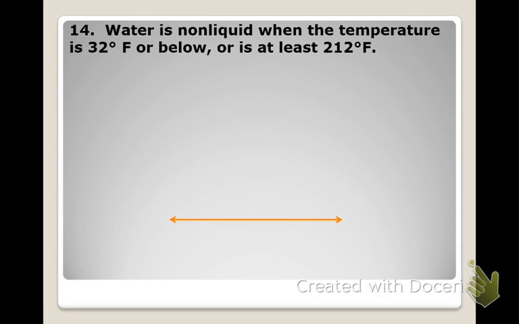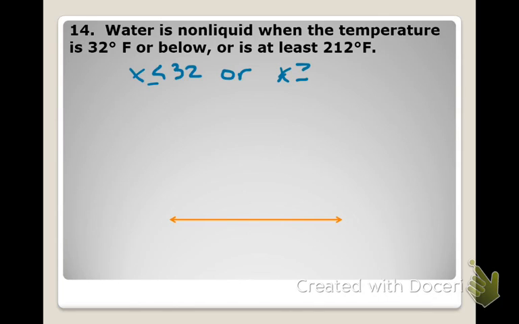And last but not least, water is non-liquid when the temperature is 32 degrees or below, or as it is at least 212 degrees Fahrenheit. Right? The word "or" is in there. So it's non-liquid when the temperature, let X be the temperature, is less than or equal to 32, or as at least 212.